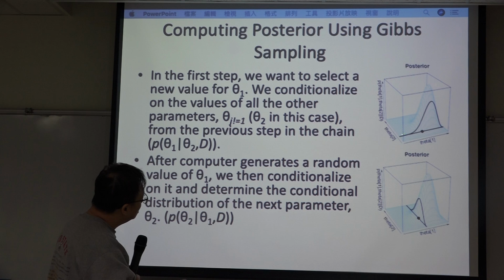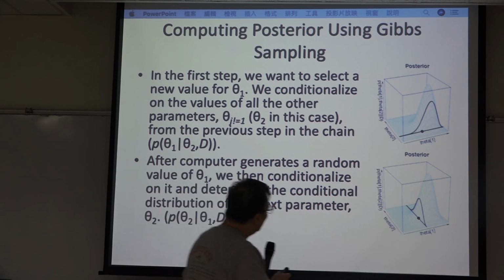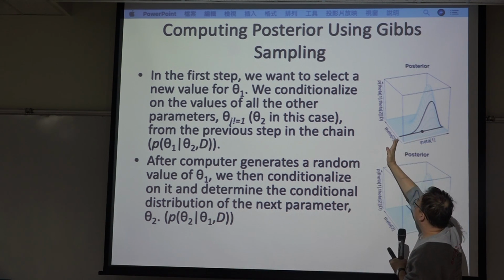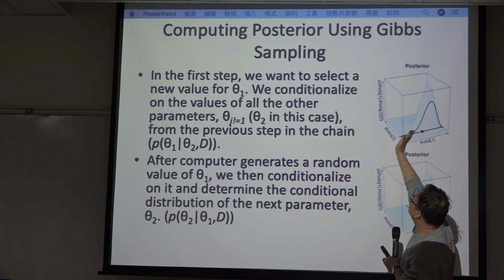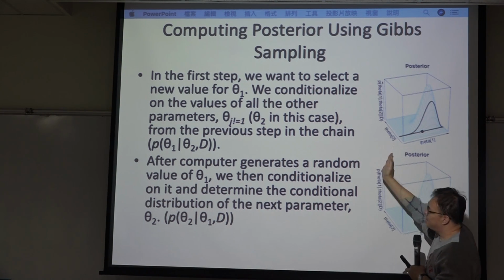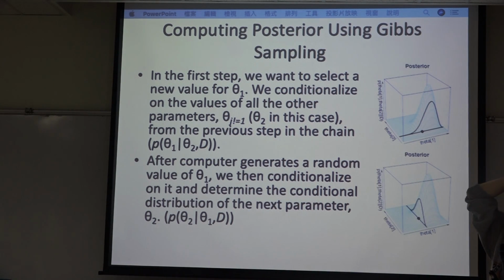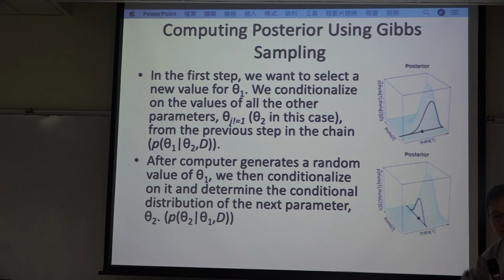Suppose the original position is here. Since theta 2 is unchanged, we try to see only this, because theta 2 is unchanged, right? So it's kind of like you make a cut at that particular theta 2 value.